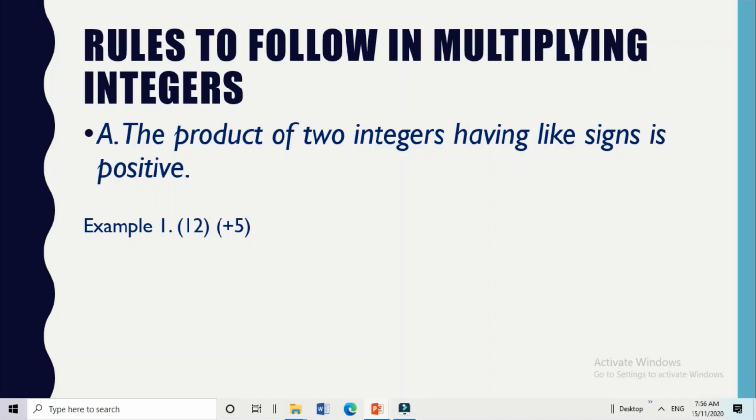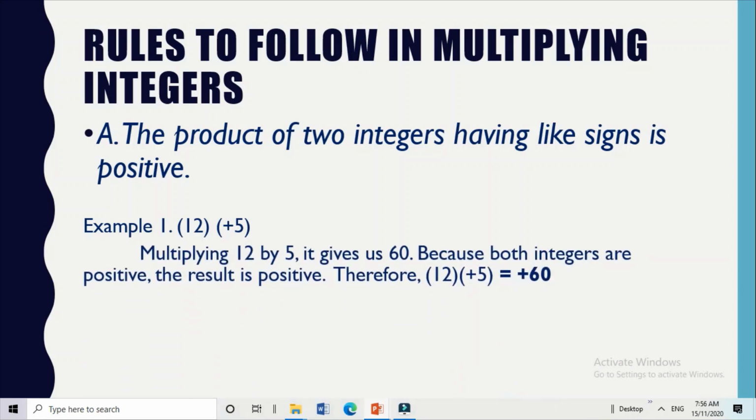Example number 1, 12 times positive 5. So, 12 times 5, that is 60. And because both integers are positive, the result is positive. Therefore, 12 times 5 is equal to positive 60. Example number 2, negative 9 times negative 6.